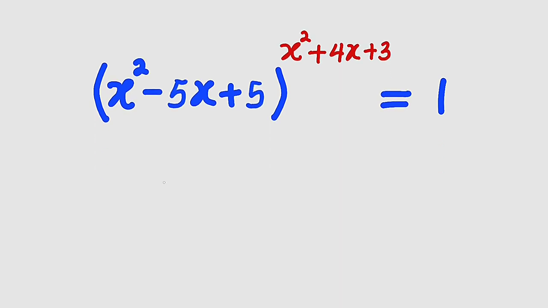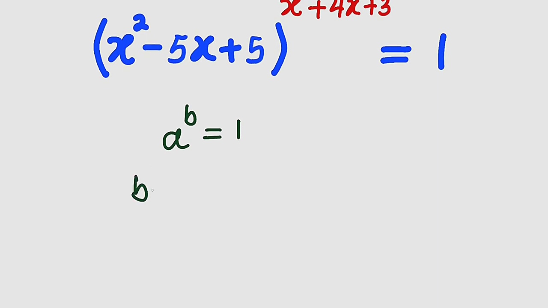Alright, let's get started. Remember, if you have a raised to the power of b and this is equal to 1, there are certain conditions that will make this statement true. It's either if b, which is the exponent, is 0, but in this case the base cannot be equal to 0, right? Any number to the power of 0 will give us 1, except if the number is 0. This is the first condition.